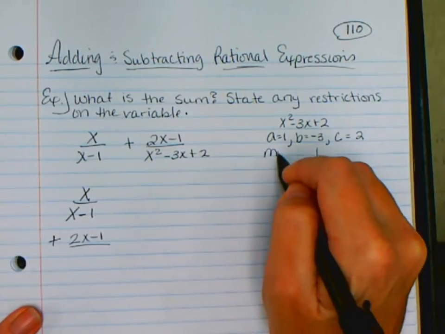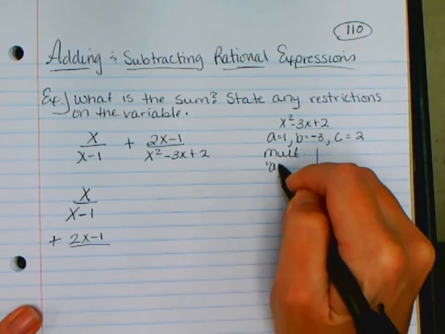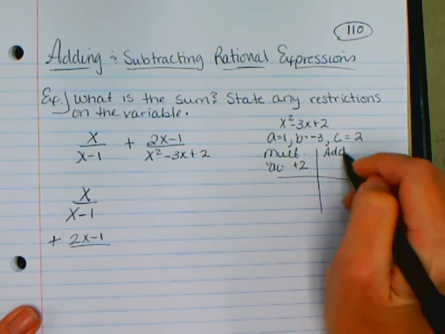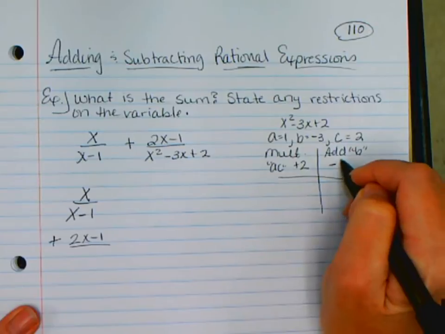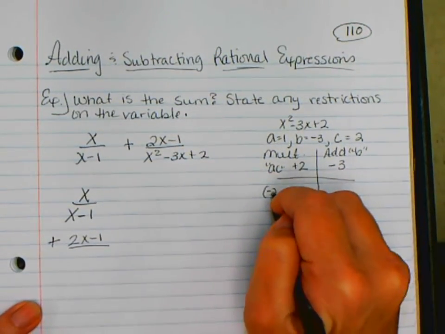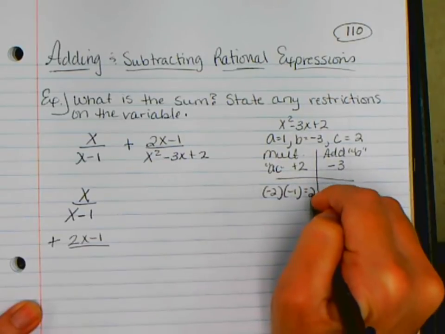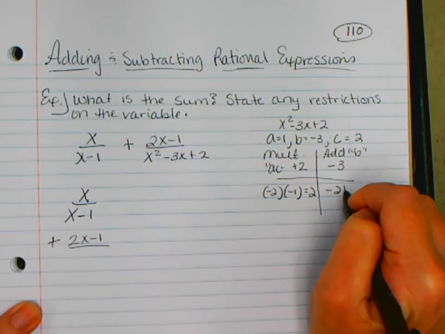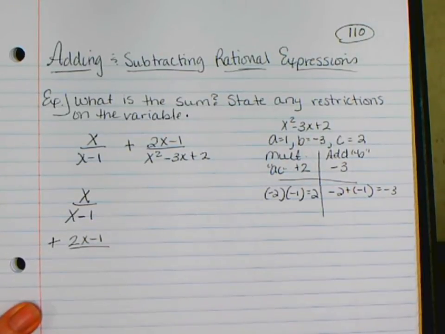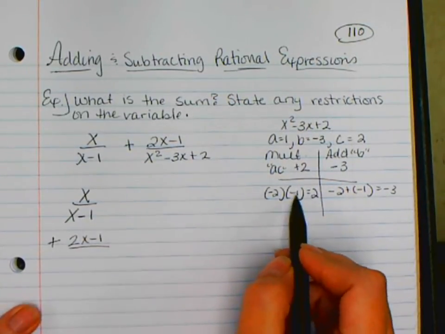So I need two numbers that multiply together to give me a times c, which will be a positive 2, and then add together to give me b, which is negative 3. Let's see. Negative 2 times negative 1 is positive 2. Negative 2 plus negative 1 is negative 3. Perfect. So that's going to be x minus 2 and x minus 1.